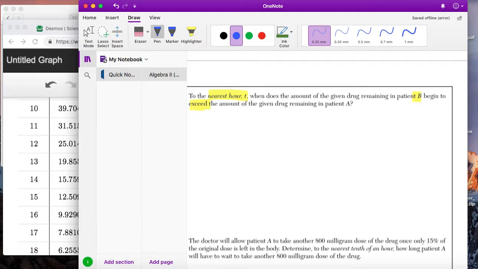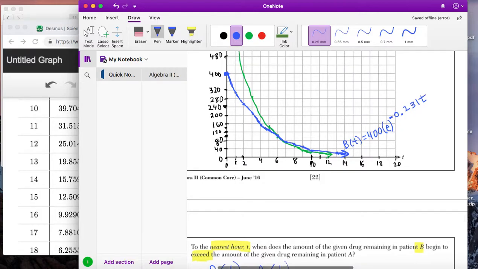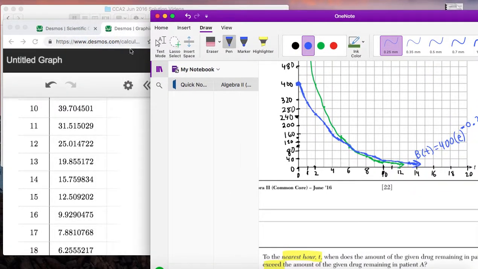So they want to know the first time, to the nearest whole number, when B of t is greater than A of t. We'll look at the graph and estimate. They seem to intersect at around, not 5, but around 6-ish. So my guess is 6 based on the graph.